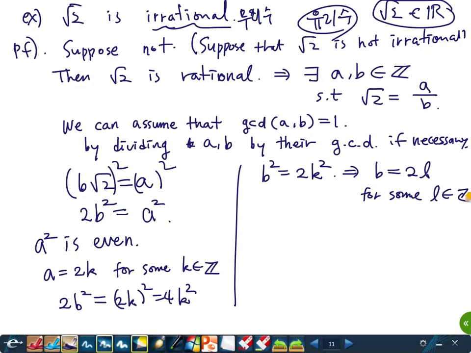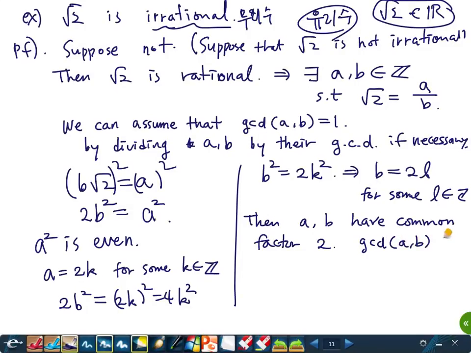Right? Now what? Then a and b have common factor 2. So GCD of a and b is not equal to 1. Is that right? So we had GCD equal to 1, and now GCD not equal to 1. Contradiction.